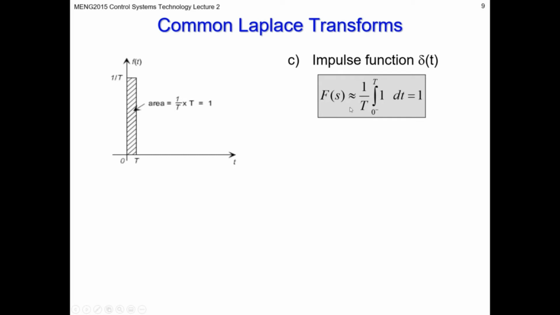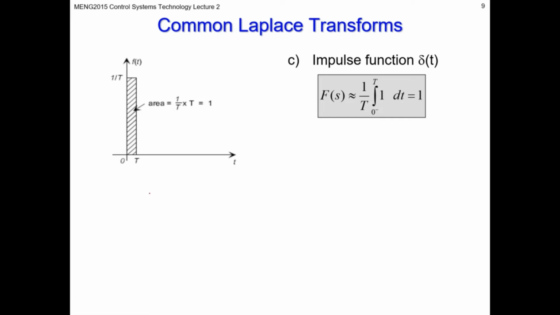You can see that our F of s, our Laplace form of our impulse, could actually approximate to the time domain integral. And by definition, an impulse has an area of 1 and an infinitesimal time t.